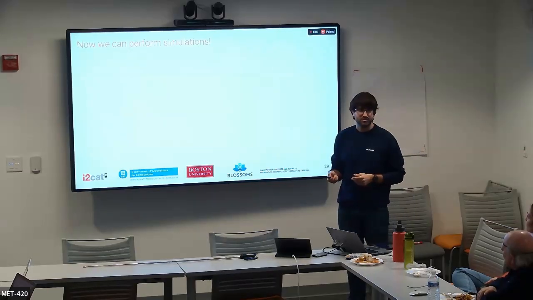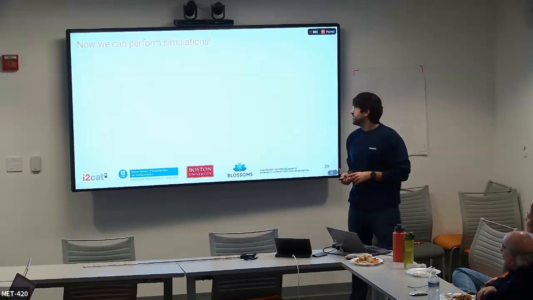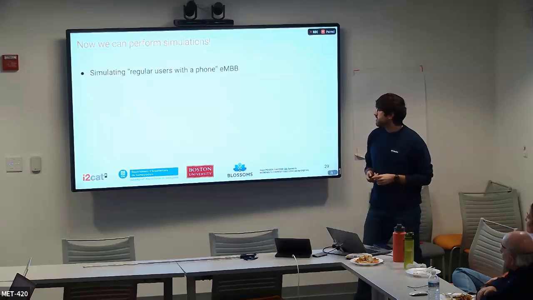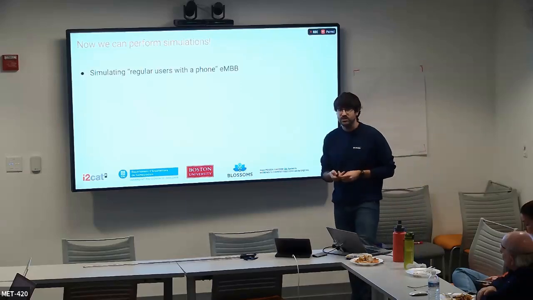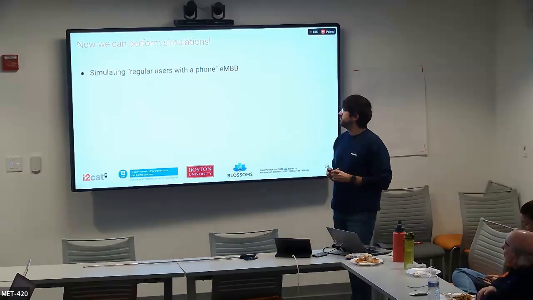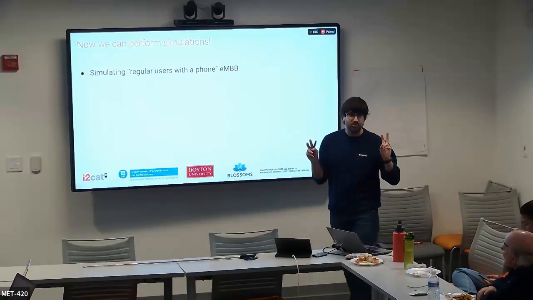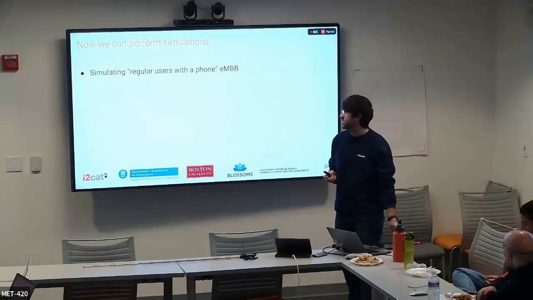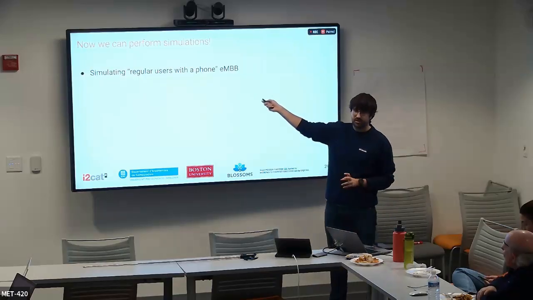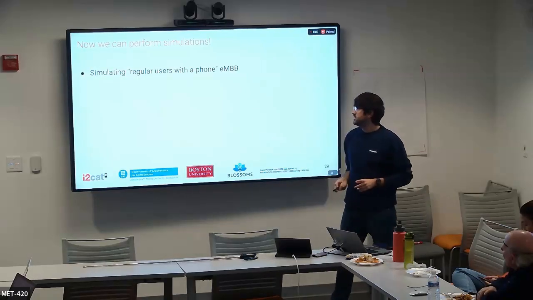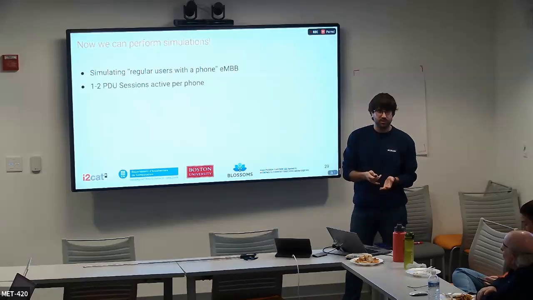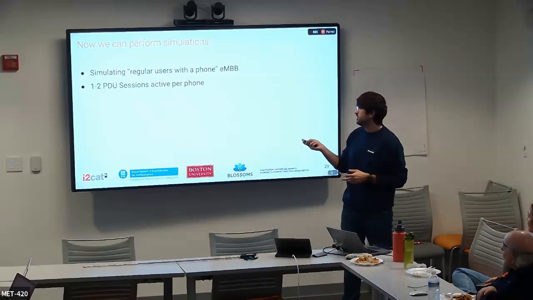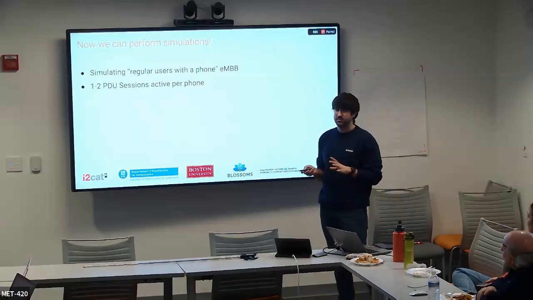And now we can perform simulations. Okay, we have the graph, and now we can simulate. What we are simulating here is regular usage with a phone, like us with a smartphone. This is called eMBB in 5G. But that means that every phone, every user, like all of you here, has 1 to 2 PDU sessions active per phone.